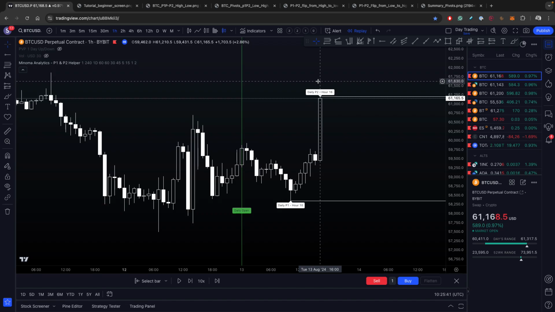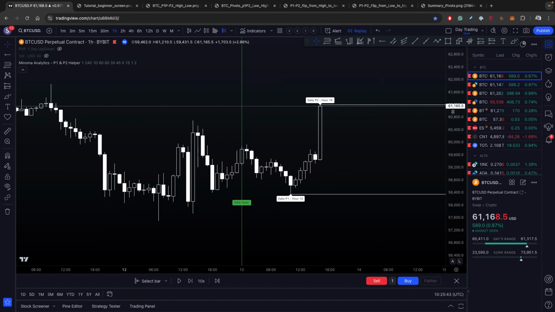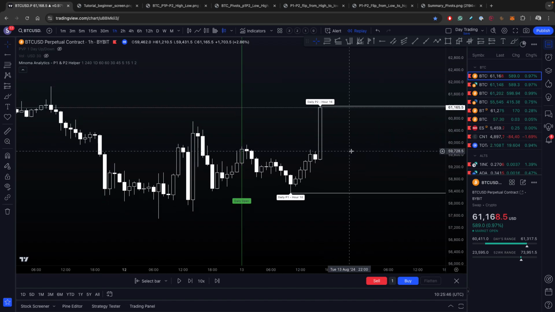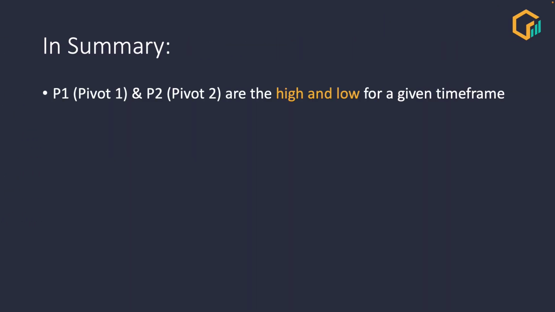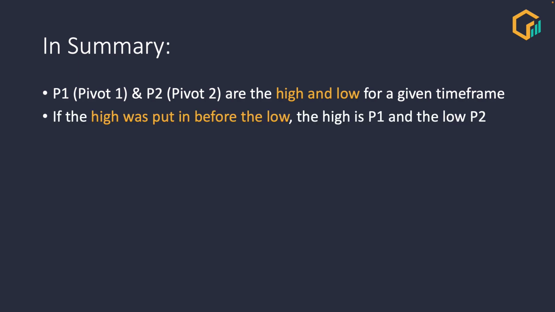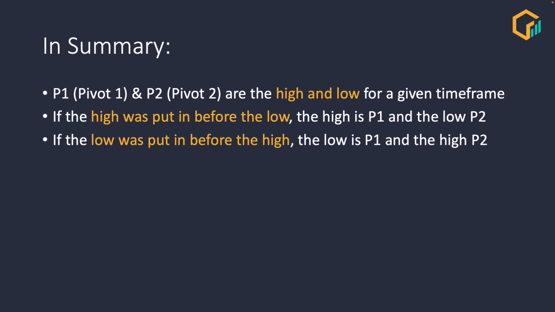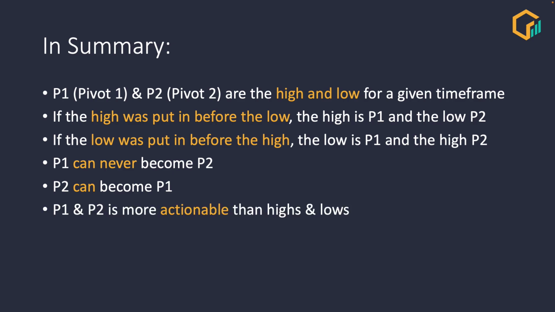So that's pretty much all you need to know about the concept of P1 and P2. Once again, it will become more clear what we are going to do with it, but just to recap, P1 and P2 are the high and low for a given time frame. If the high was put in before the low, the high is P1 and the low P2. If the low is put in before the high, the low is P1 and the high P2. P1 can never become P2, as explained, but P2 can become P1, which is the P1, P2 flip we have been talking about.